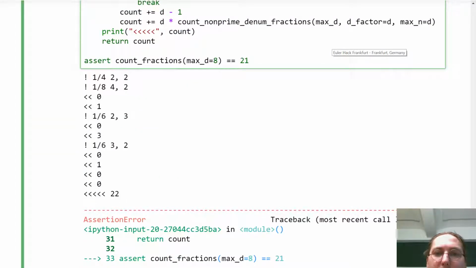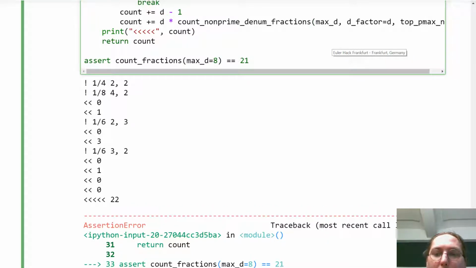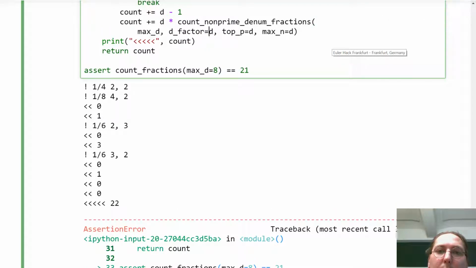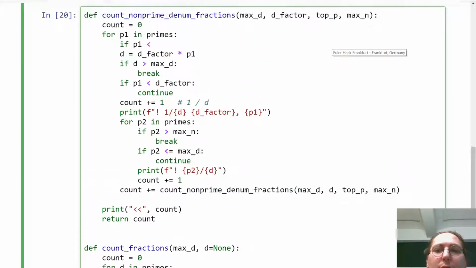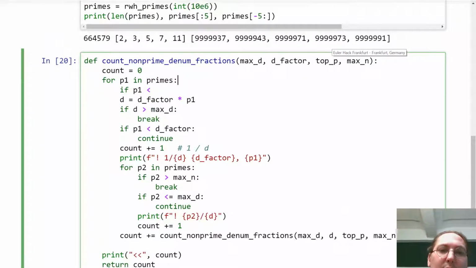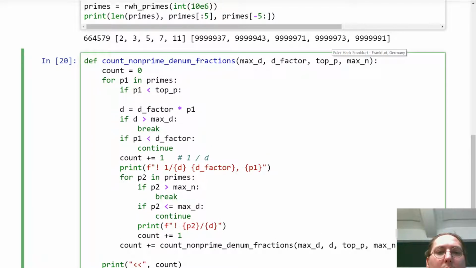Which happens to be D. Right, because we always iterate over primes in the top level. And max n also happens to be the same thing, but for clarity's sake, we'll pass both of them in. So if it's less than, continue.